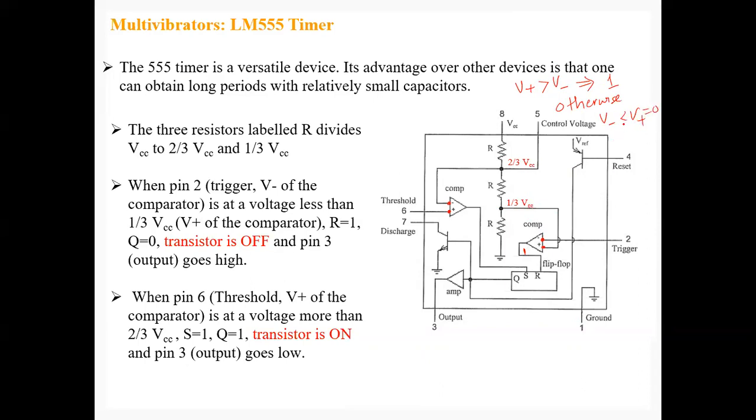So this is 1, otherwise 0. Now similarly, this guy also works the same way. This is exactly a similar comparator here. Two comparators, right?